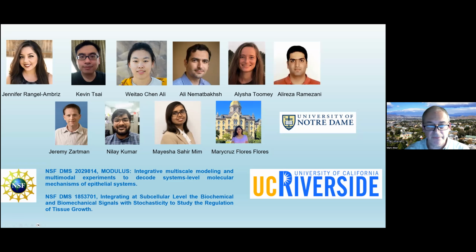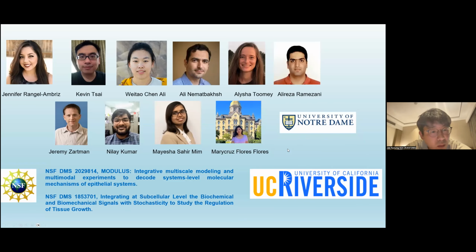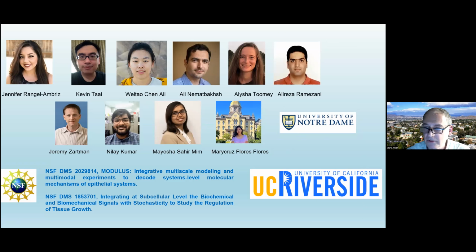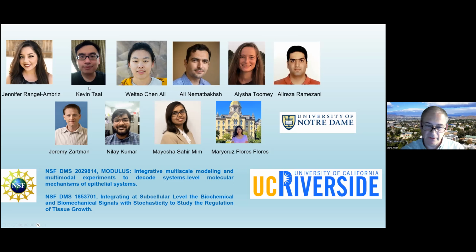All right, so let me talk about members of the team. I was talking about the results. So Jennifer, and she's here. She was absolutely a leader of this project, not just on the simulation or model development side, but also working very closely with biologists and bioengineers. Kevin Tsai, former student and postdoc, developed the first basic model for these processes.